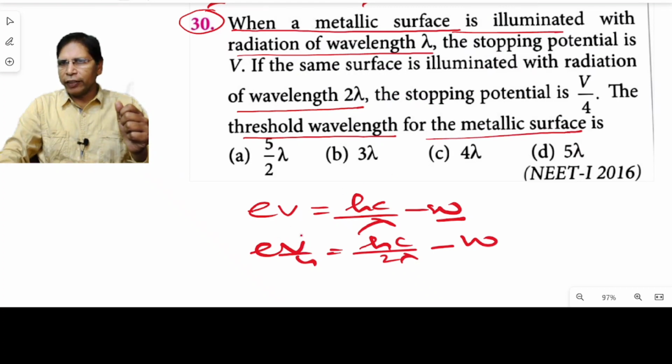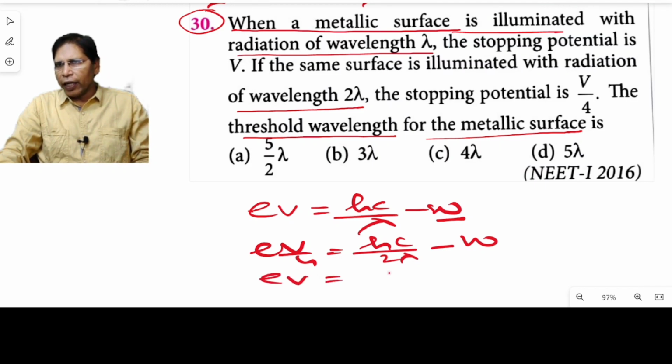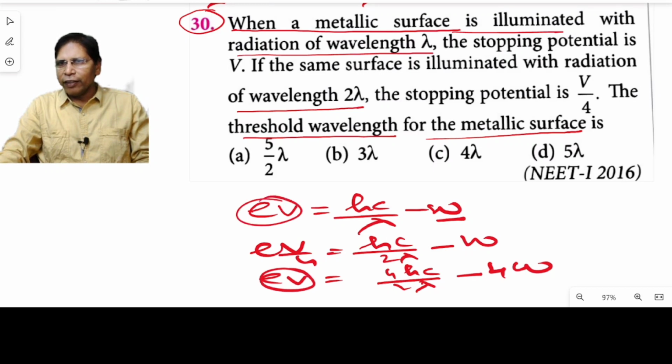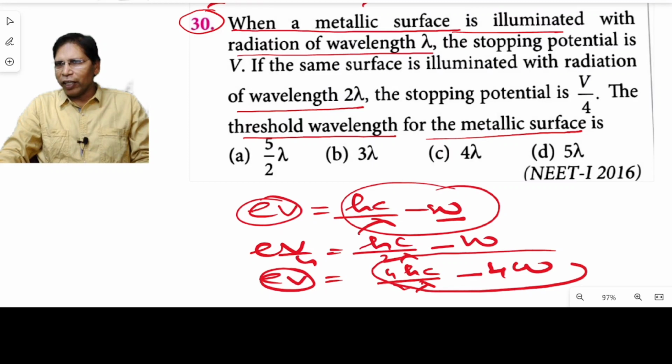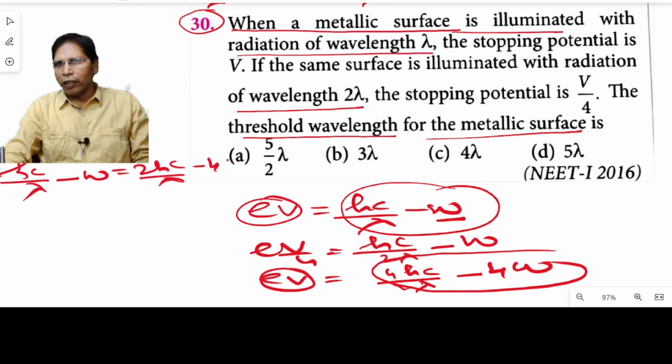Now look at this. eV equals 4 hc by 2 lambda minus 4W. This is eV, and this is eV, so this equals this. So hc by lambda minus W equals 2hc by lambda minus 4W.